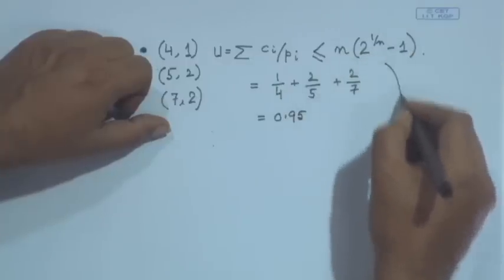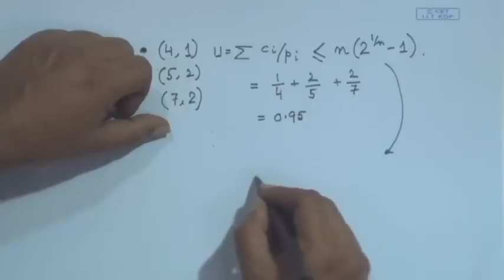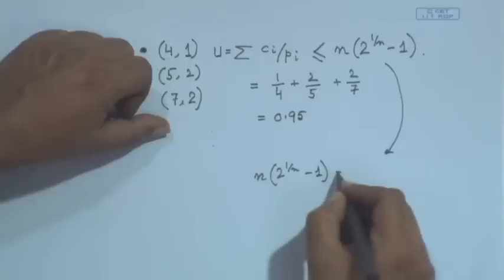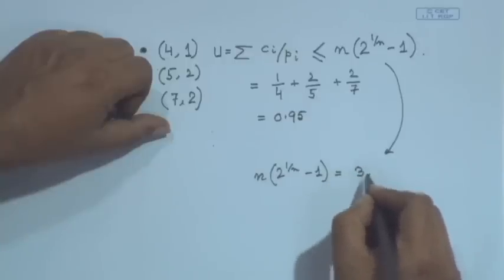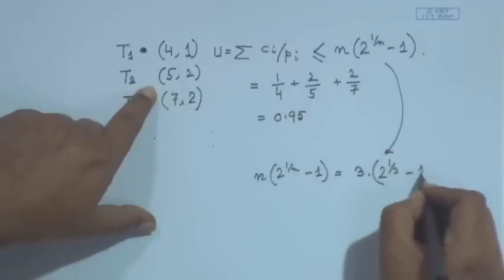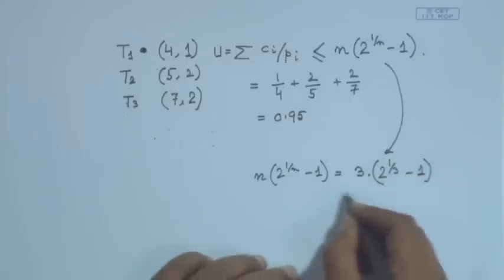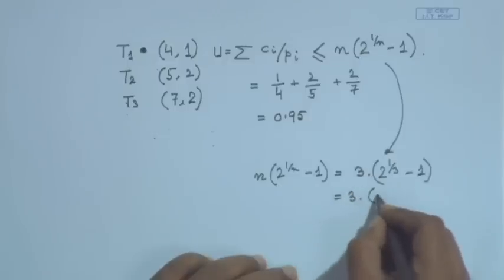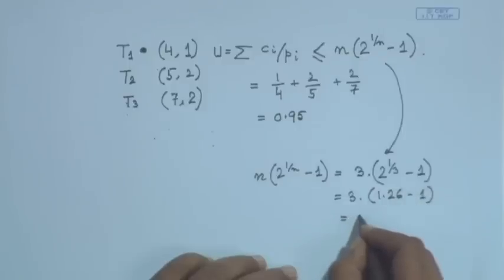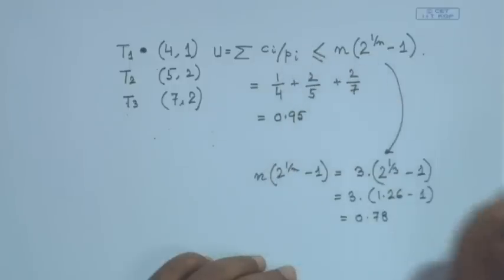For us n is 3, I had 3 tasks. 3 times 2 raised to 1 by 3 minus 1, that comes to around 3 into 1.26 minus 1, which is equal to 0.78. So, you see this condition is not maintained, it is violated.